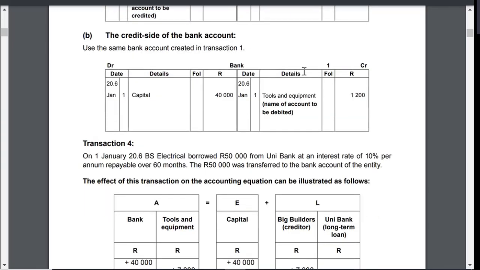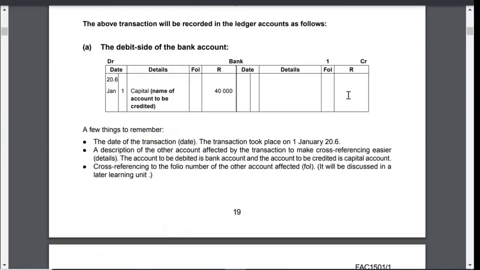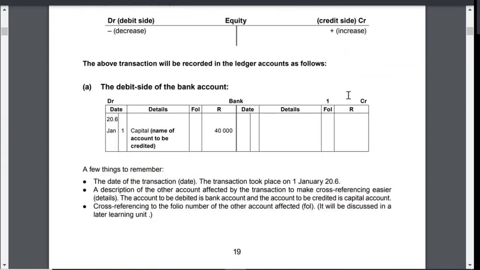The bank account is decreasing because BS Electrical, the business, bought a ladder for, am I right, 1,200. Transaction number 3.